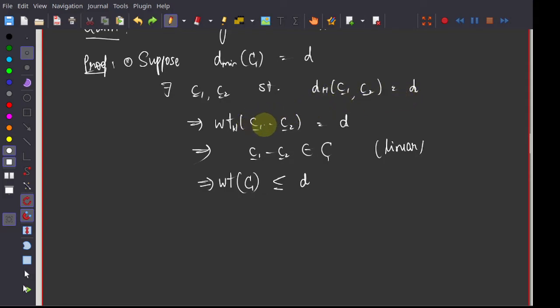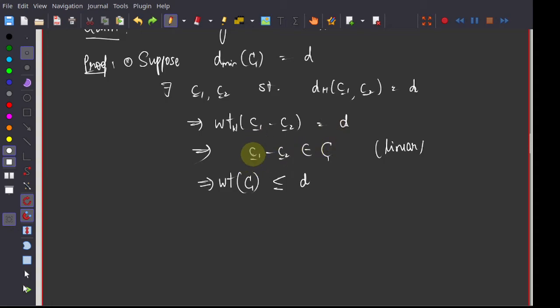Now, do you agree that the weight of C1 minus C2 is equal to d? Correct. Yes. The Hamming weight is equal to the Hamming distance between C1 and C2.